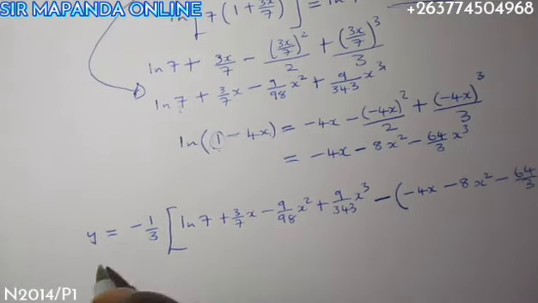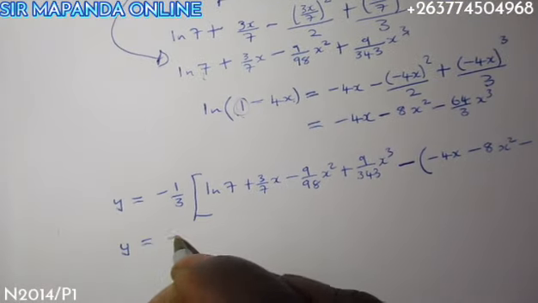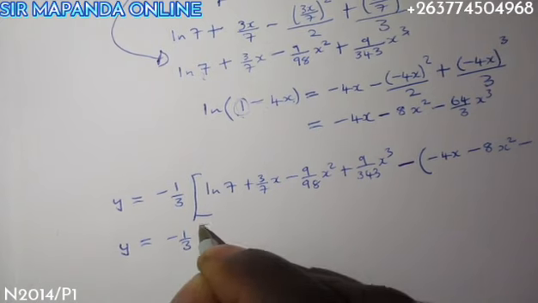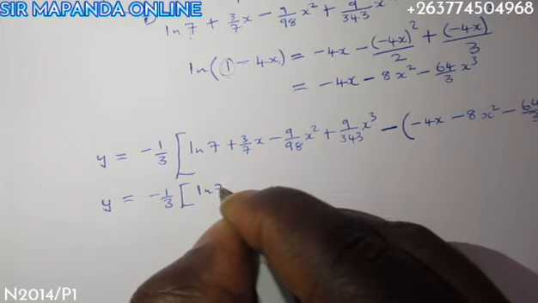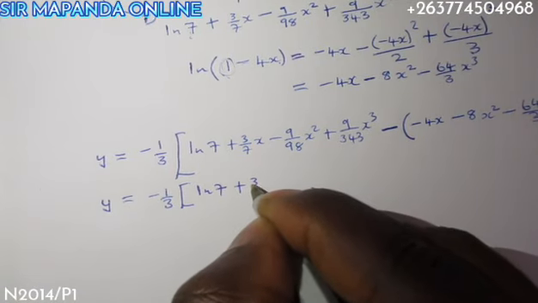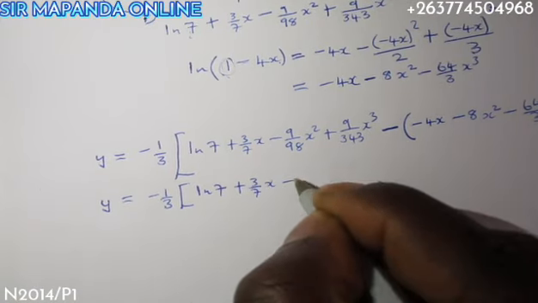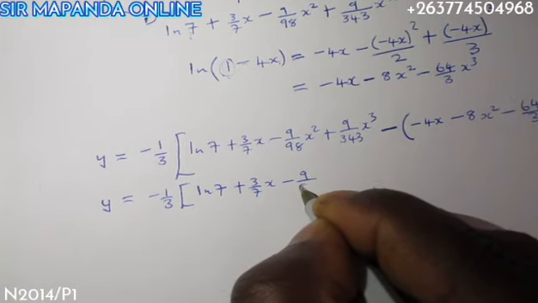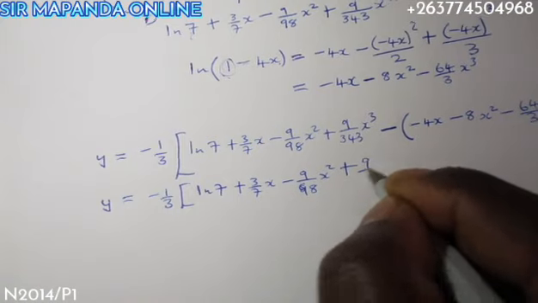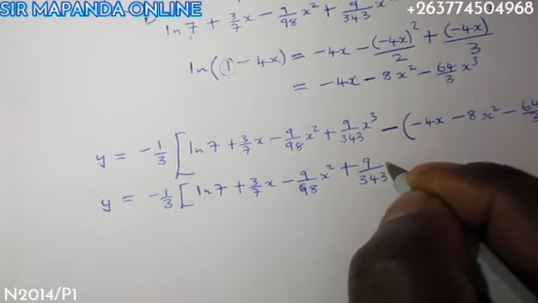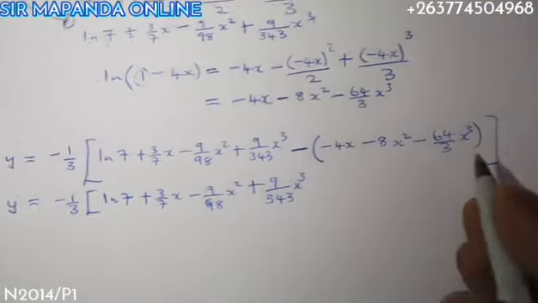Right. So y is equal to minus 1/3, open bracket, ln 7 plus 3 over 7 x minus 9 over 98 x squared plus 9 over 343 x cubed. Then remove the bracket.